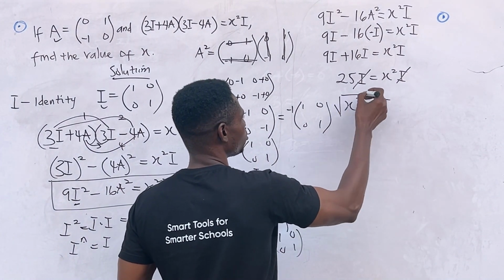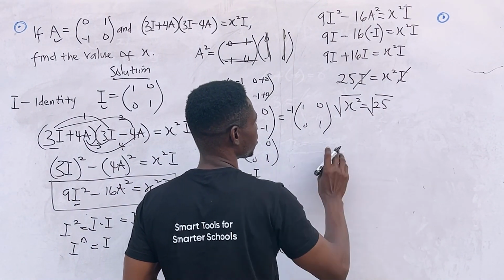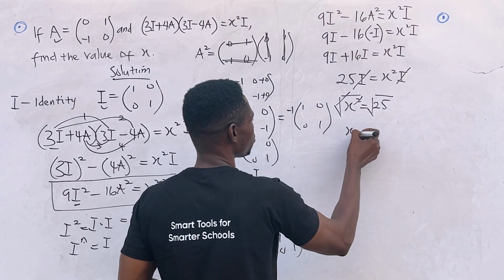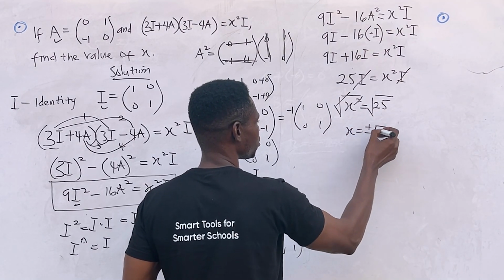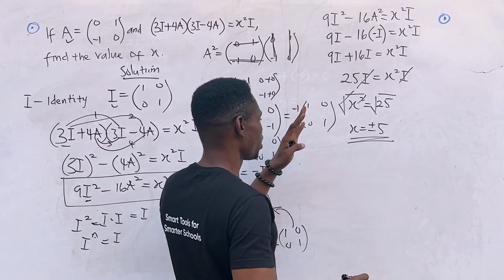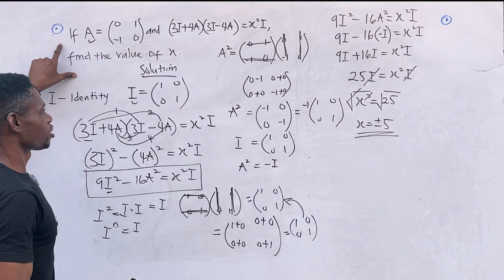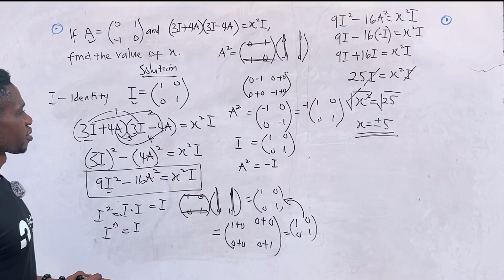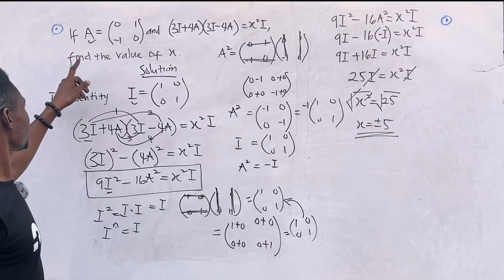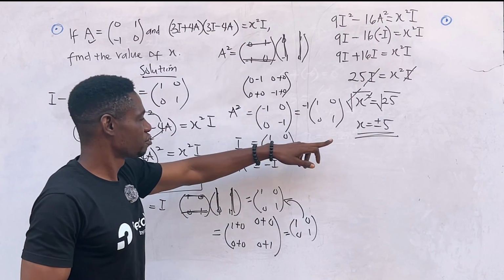If we take the square root of both sides, this cancels this. So x equals plus or minus 5. That's the answer to this problem. Yeah, so x is plus or minus 5.